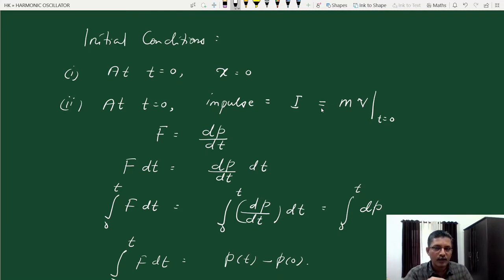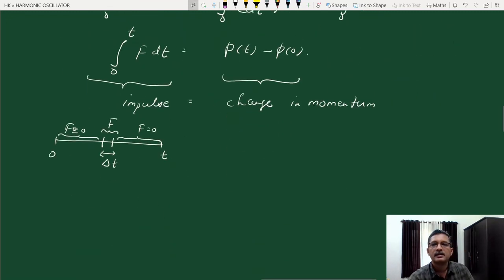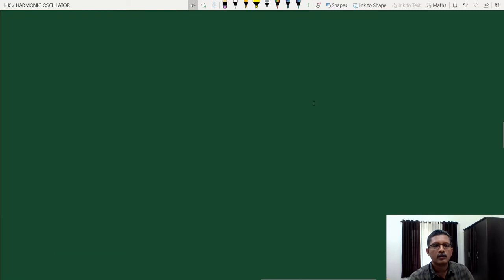There is no prior momentum. So we can say impulse is equal to change in momentum, which is equal to the momentum gained by the oscillator at time 0. Okay, so in terms of x, I can say impulse is equal to m x dot at time 0. Okay, so these are our initial conditions. Let us apply these initial conditions now.